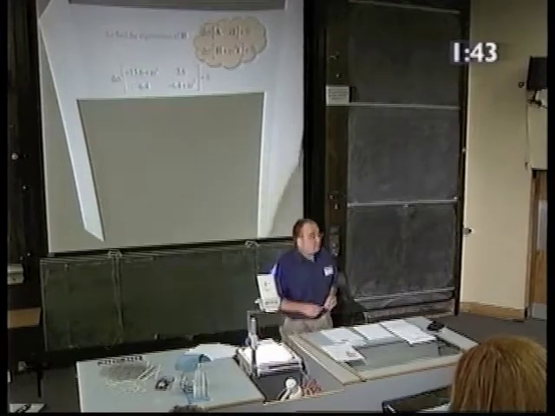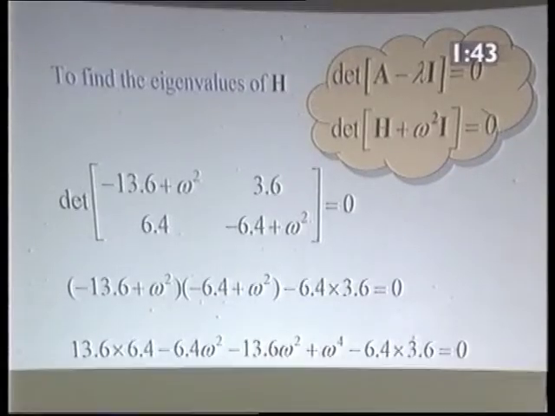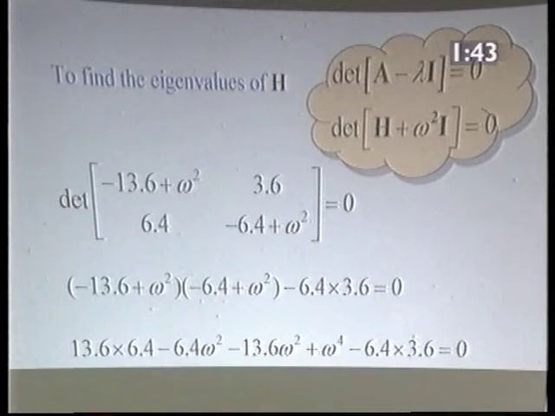We calculate its determinant, which is the product of these two elements minus the product of those two elements. If we multiply out, we end up with brackets giving 4 terms, so it's an omega to the 4th equation.